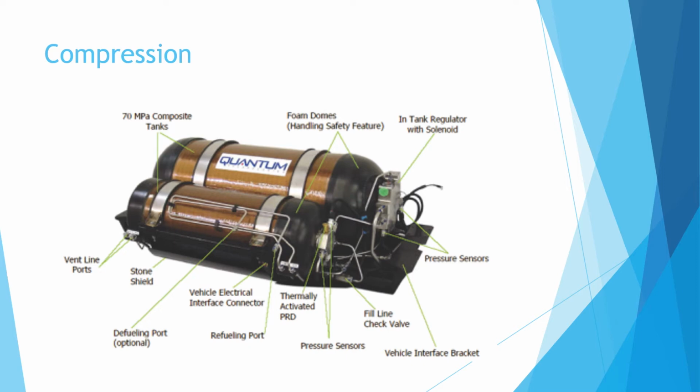The industry set up a goal to manufacture a cylinder capable of withstanding pressure up to 70 megapascal with a weight of 110 kg to reach a gravimetric density of 6% and a volumetric density of 30 kg per meter cube.